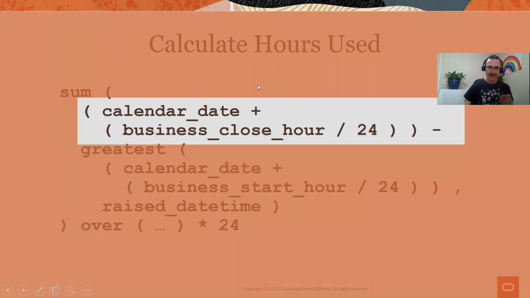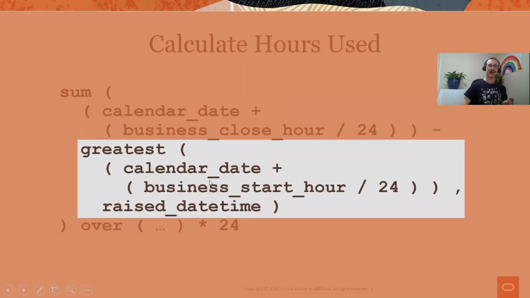This is a little bit more complicated because, of course, if the ticket is raised today, we don't want to start calculating working hours from business opening hours, 7 a.m. that day. We want to start calculating it from the time the ticket was raised. Otherwise, if the ticket's raised at the end of the day, you end up losing almost a whole working day of your SLA before the breach.